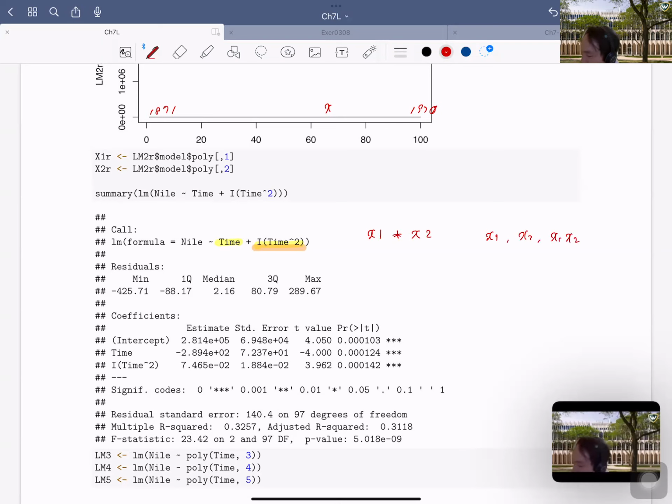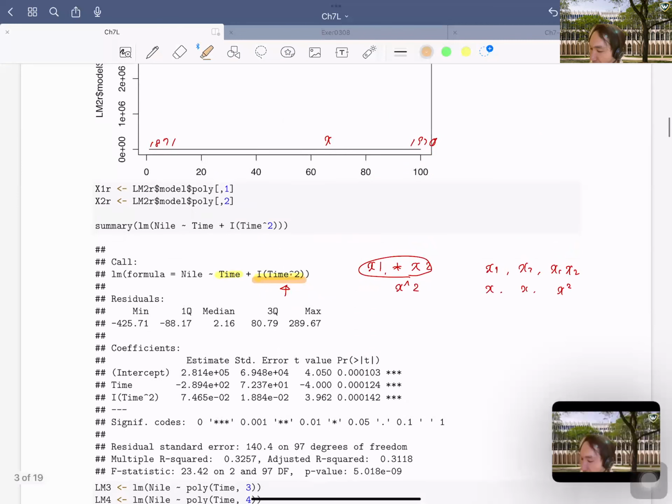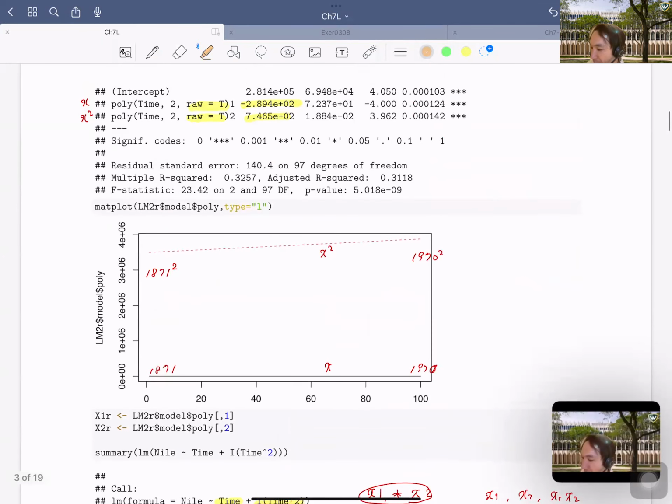So if we put x square, that means x and x and x square or something like that. That contradicts the use of the multiplication symbol within this lm function. So to distinguish this, we have to write I times square. Then we can get the same answer here, and these coefficients are the same as the previous one.